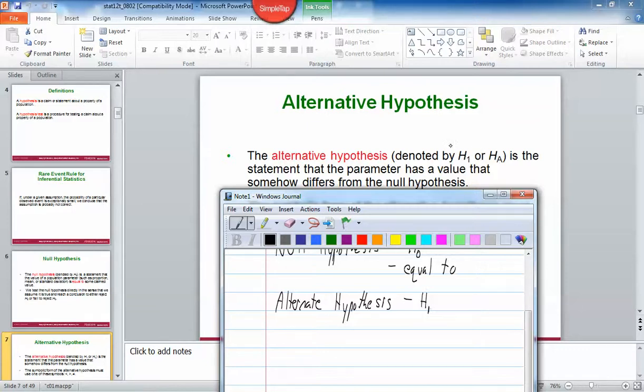Your book does also say that it can be denoted as H sub A, but that's really not done any longer.